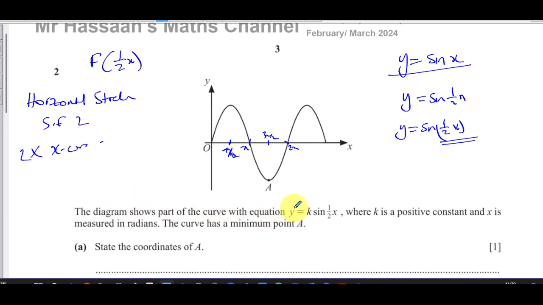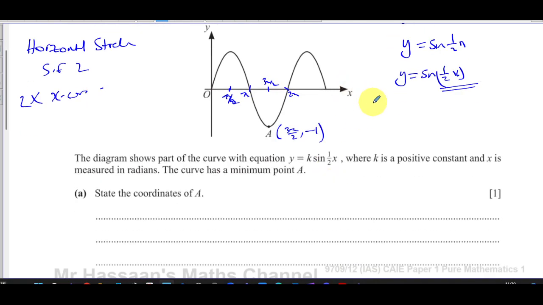So basically, the point A has the coordinates 3 pi over 2 and minus 1, if it's y equals sine x. So what's going to happen to that coordinate now? Let's first work out the y coordinate.